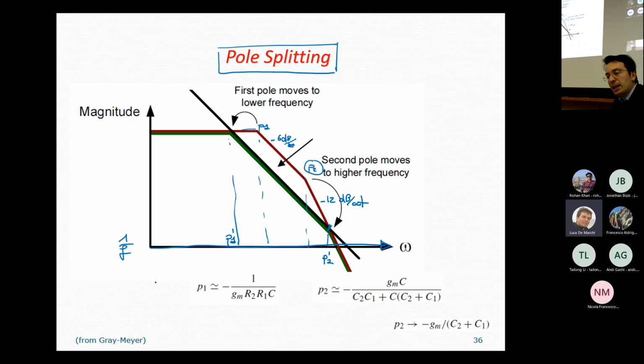Okay, so the idea is that our transfer function will be something like this. We will start from a value which is A null, and then at a certain point we will have the dominant pole, and then we will start losing 6 dB per decade.